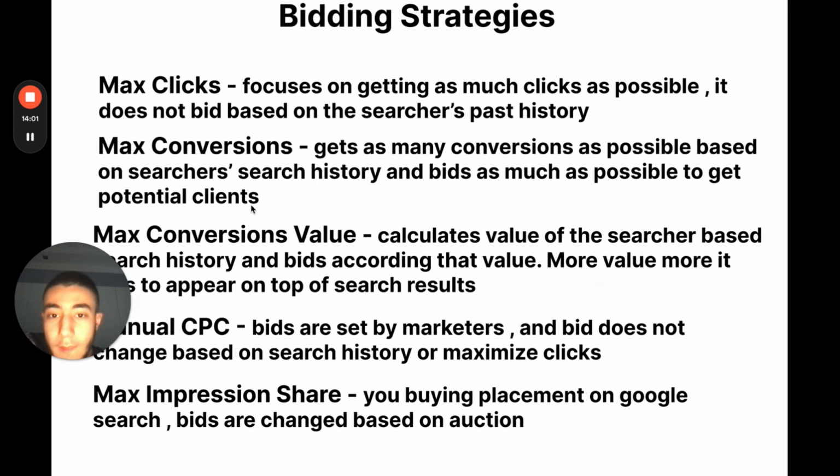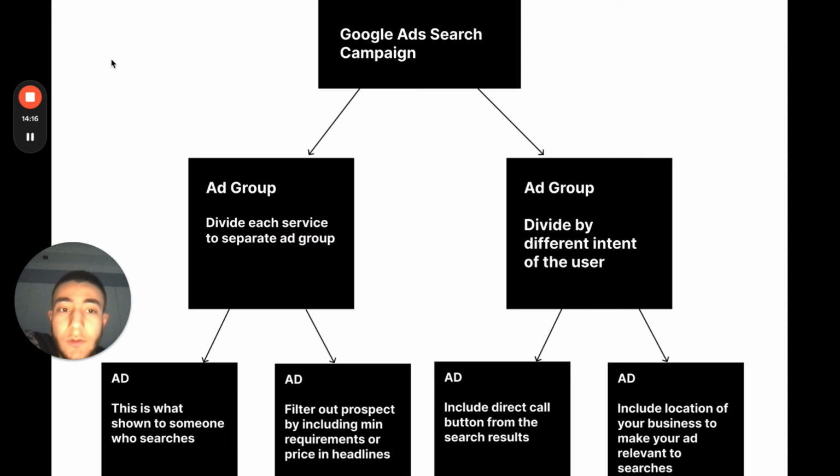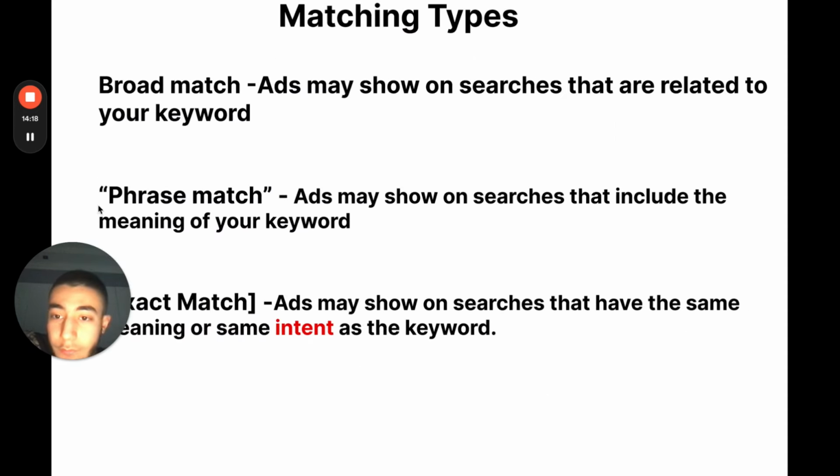So this is the search term, and the keywords are inside of these ads. Now, the matching types are going to match these ads with that search term. If you're choosing the phrase match, you have to put them in quotes. So plumber near me is going to be in quotes. Its ads may show on the searches that include the meaning of your keyword.